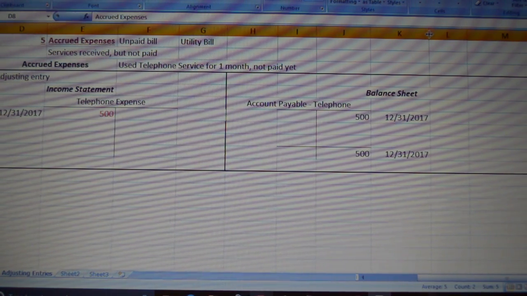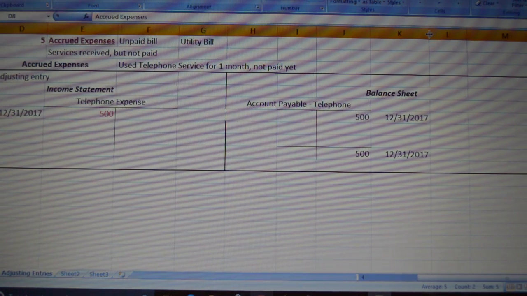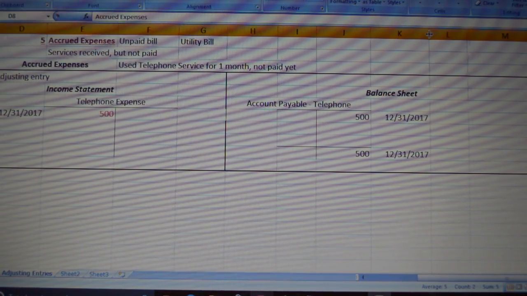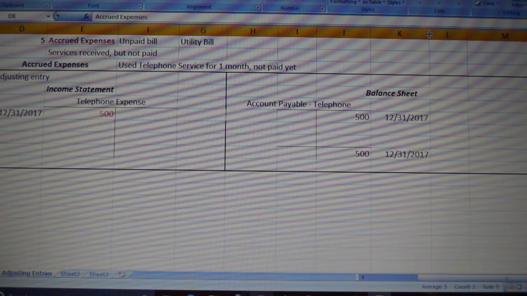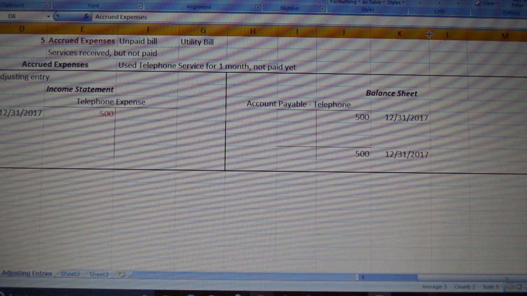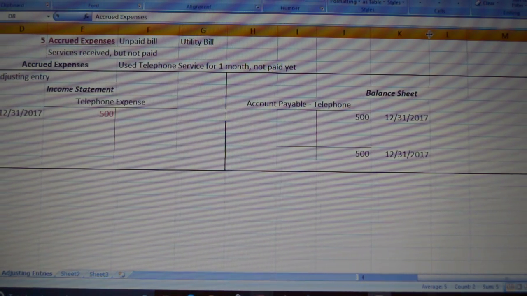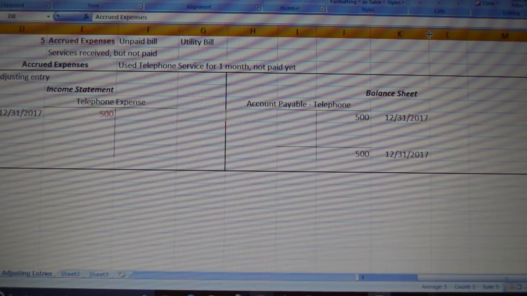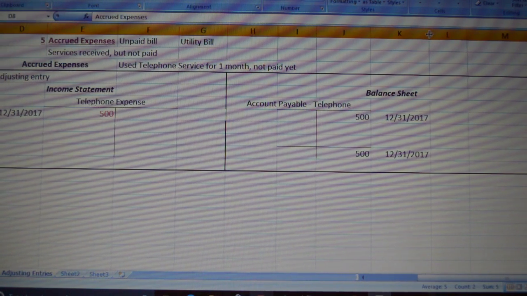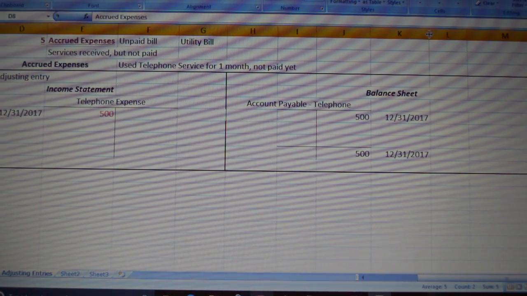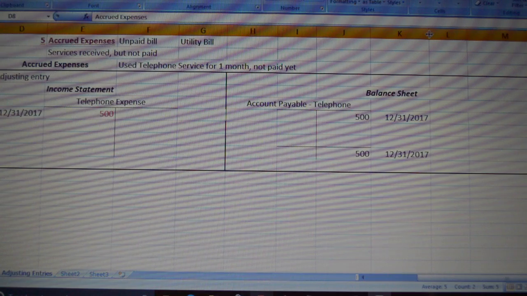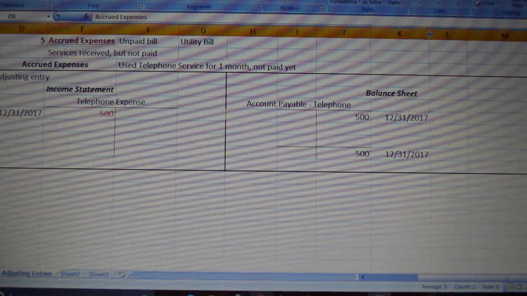And once all the adjustments are made, we will match our debits and credits and see that the debits are equal to the credits. And then we will post those adjustments to the appropriate accounts to update the account balances. And after the posting, we will get to the adjusted trial balance.